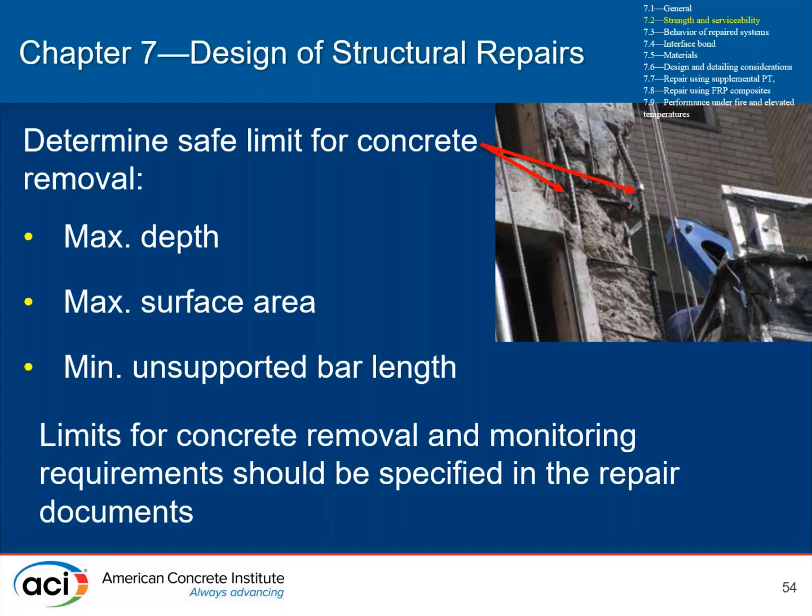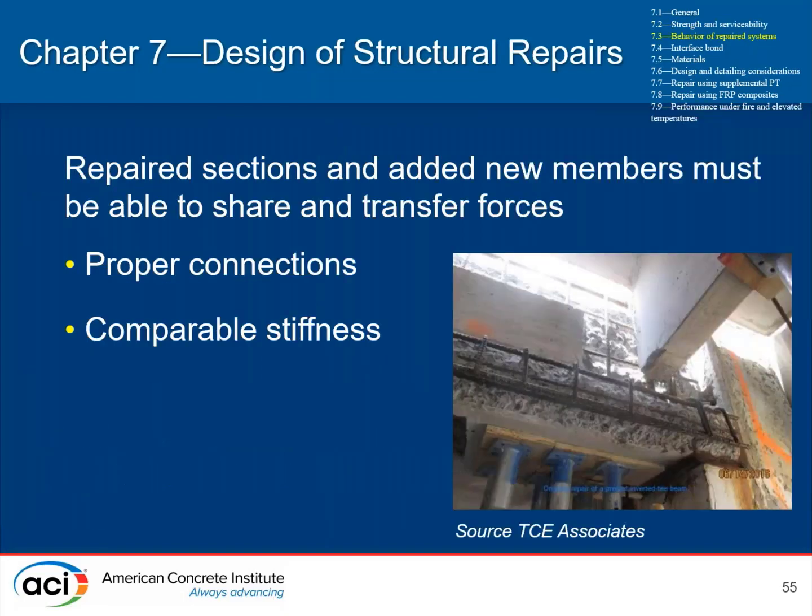And so limits for concrete removal and also the necessary monitoring requirements are specified in the repair documents. When shoring is required, and I know it's not on here, specifying the shoring loads, locations, etc., becomes important when the structure is being repaired to a degree that requires supplemental support.